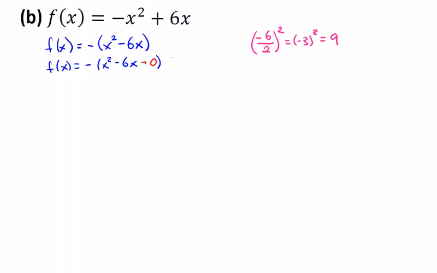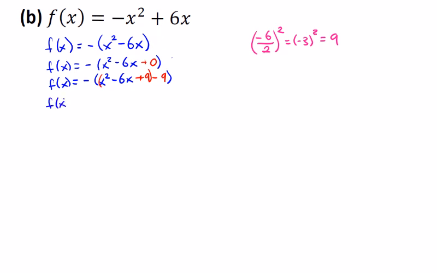So for our creative 0, we are going to use plus 9 and minus 9. Plus 9, minus 9, close parenthesis. And every time I do this creative 0, I want to group together these first 3 terms because that's now going to represent my perfect square trinomial.